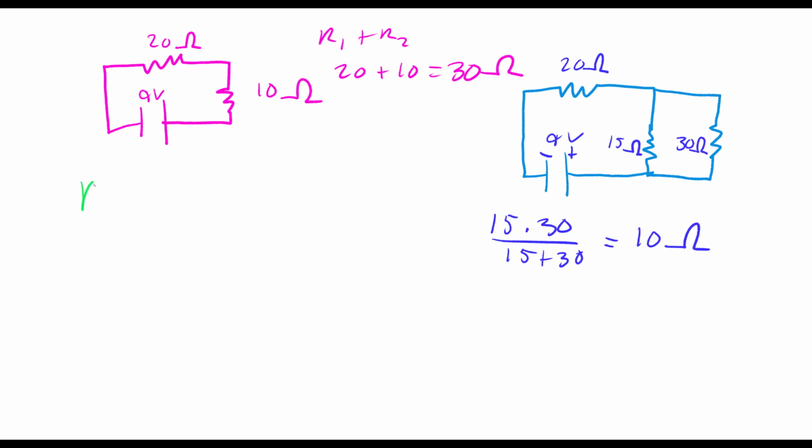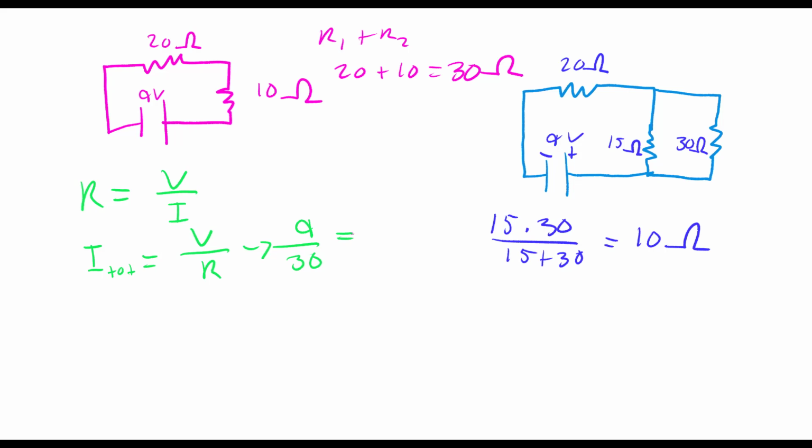We call Ohm's law, that the resistance is equal to the voltage, this is the voltage, it's 9, divided by I. And we want to find the total current. So we could say that I, the total current, is equal to the voltage, we're going to put this over here, divided by R. So that gives us 9 divided by 30, which gives us what?